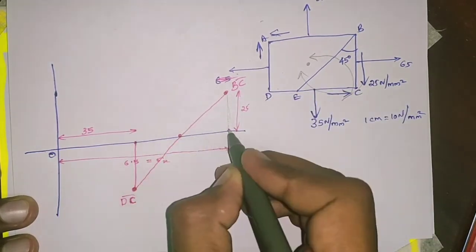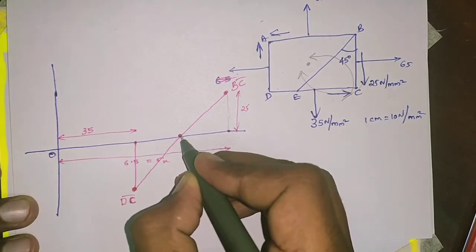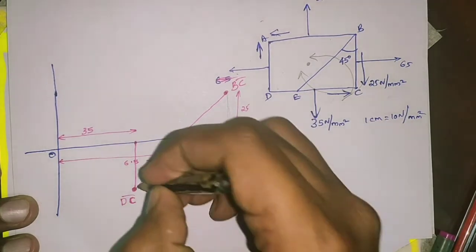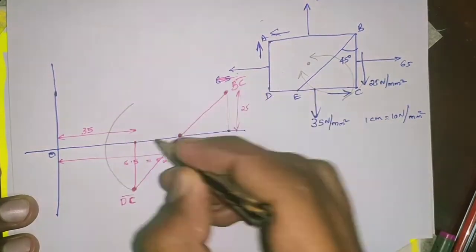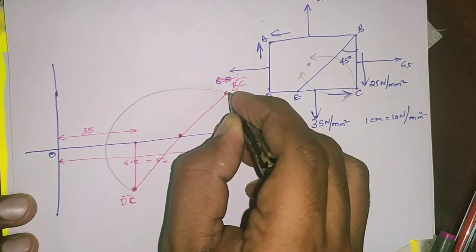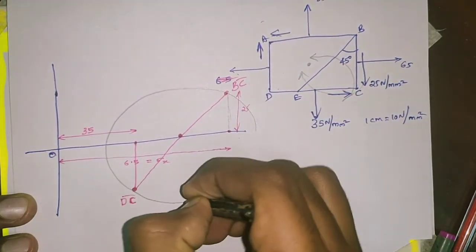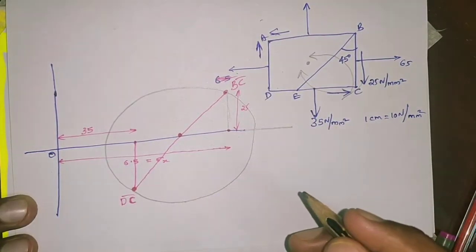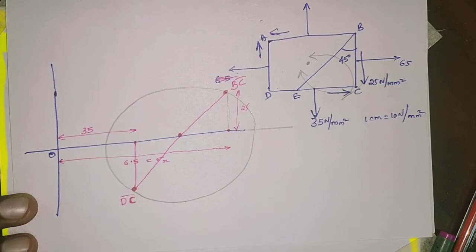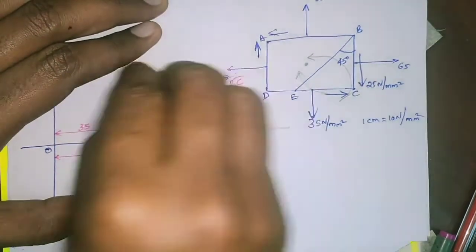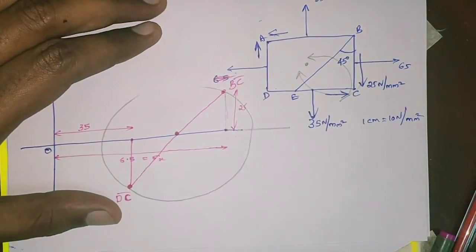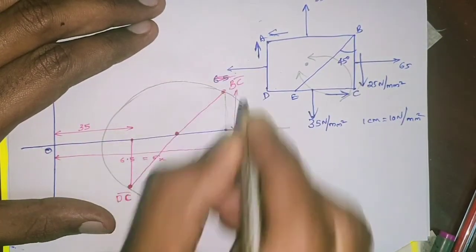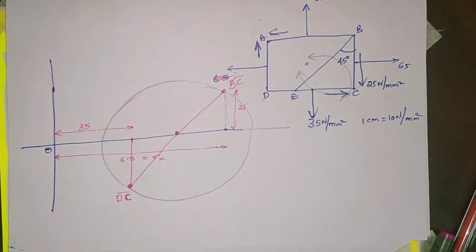This will be the center of this line, and with this point as center and this line as its diameter, draw a circle. This is the Mohr circle.